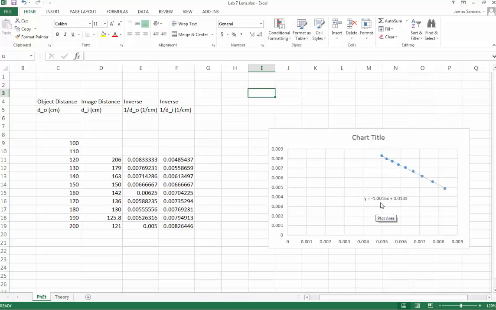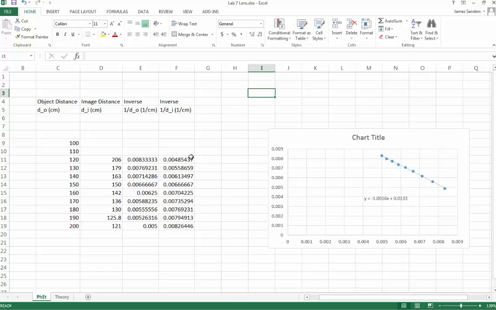As it turns out, if this was a perfectly ideal situation in which all the measurements were exact and we have an ideal thin lens, this equation actually should say y equals -1x plus some number here. The number is the intercept.